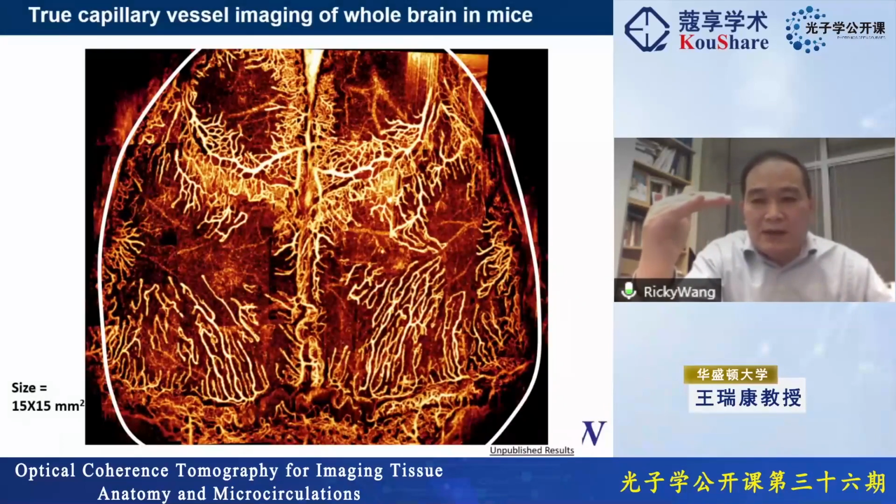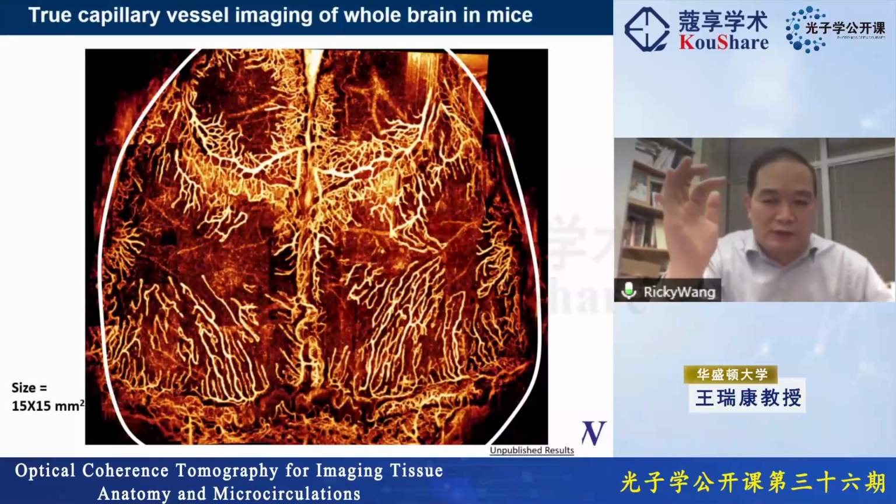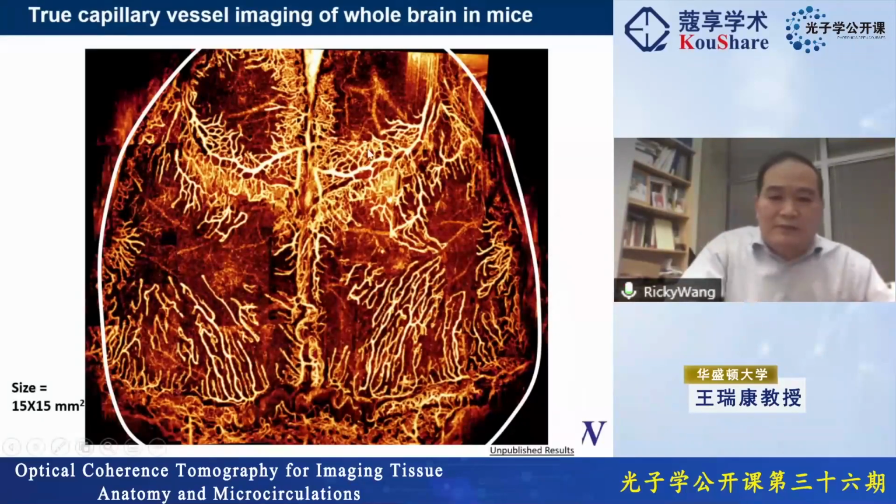And right below the skull bone, there's a layer called the meninges layer. That meninges layer in the animals is about 20 microns. In that layer, you have very slow blood flow, and the vessel network is also very rich. So this is the vasculature in the meninges layer.